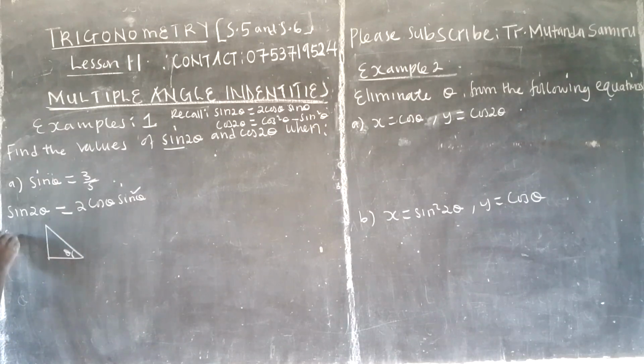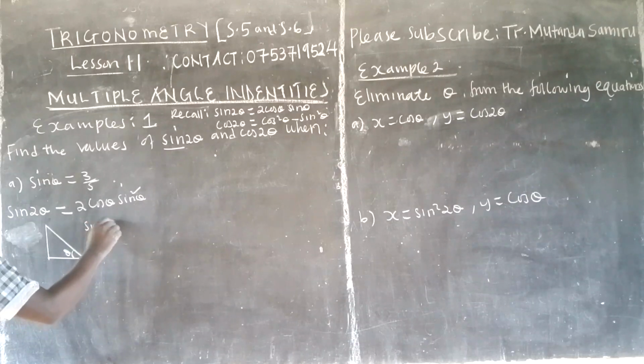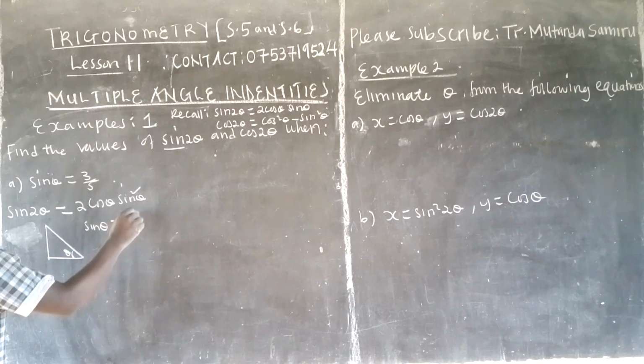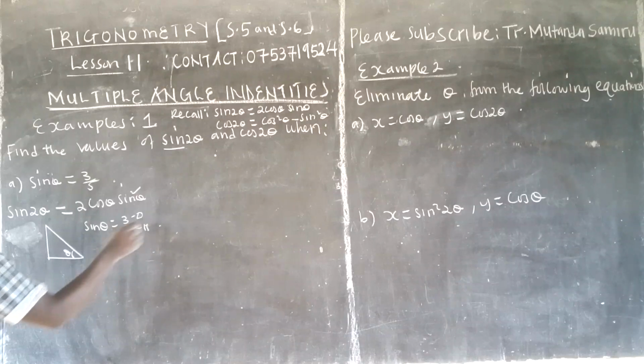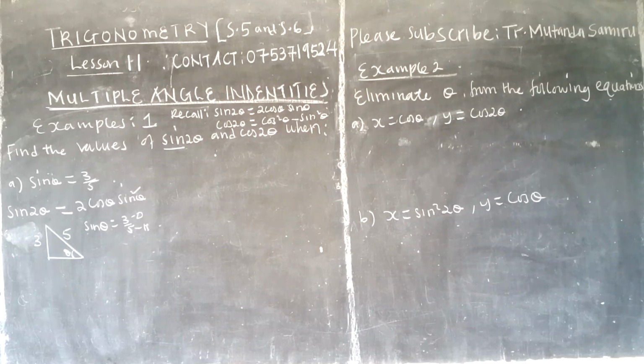No. So to get cos theta, we are picking from the fact that sine theta is equal to 3/5, whereby this one is opposite, this is adjacent, that's hypotenuse. So this is 5. Now let's get this other counterpart. That is 5 squared minus 9.